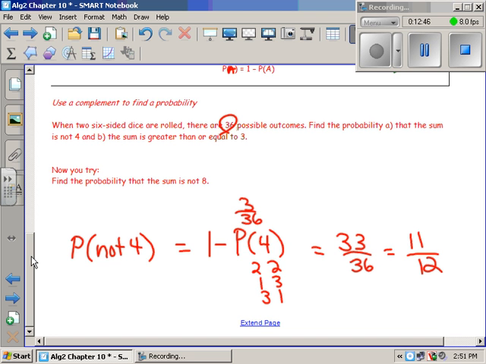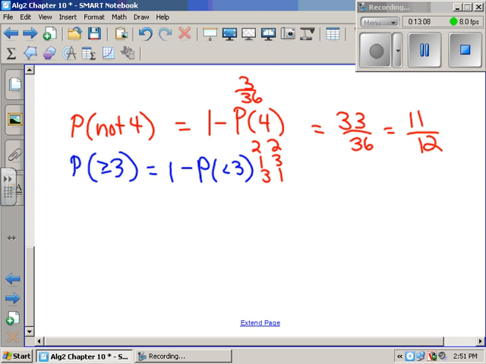Okay, the sum of our dice is greater than or equal to 3. So if I want the probability that it's greater than or equal to 3, I'm going to do the shortcut and say, okay, I want 1 minus the probability that it's less than 3. Because gosh, if you roll 2 dice, what's going to be the only thing less than 3? It's 2, right? So this is going to be 1 out of 36. The only thing that's less than 3 is 1 and 1.